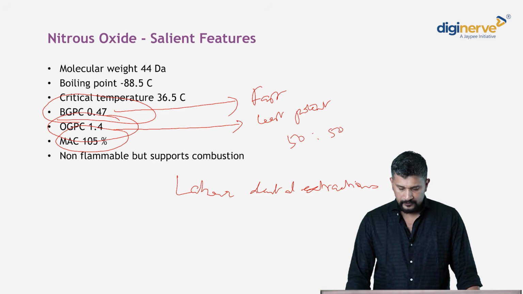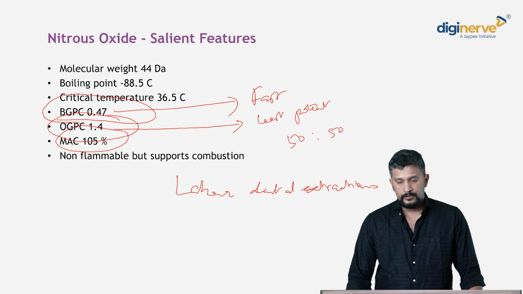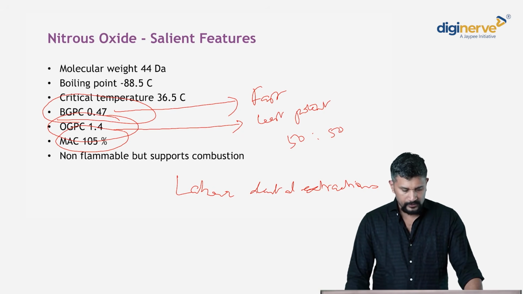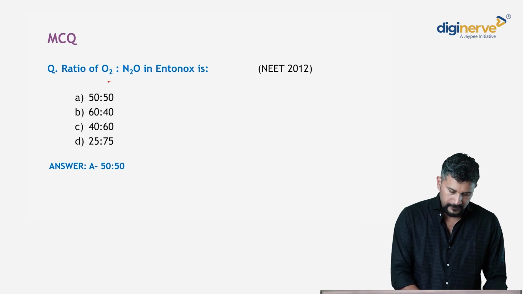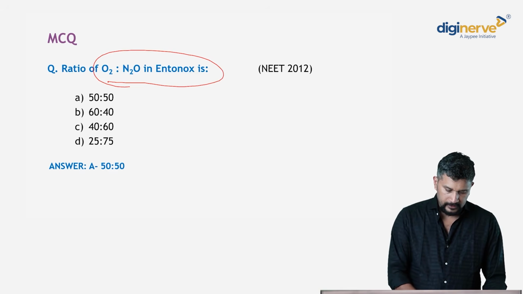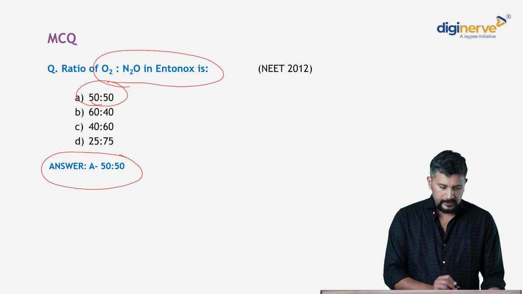So 50% nitrous oxide and 50% oxygen is what is used for labor analgesia as Entonox. Therefore, the ratio of oxygen to nitrous oxide in Entonox mixture is 50 to 50, and the correct answer is A.